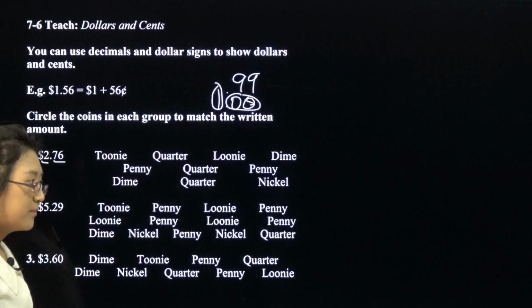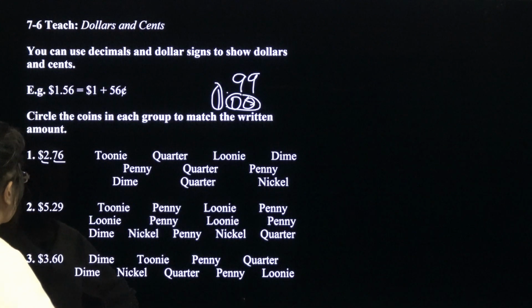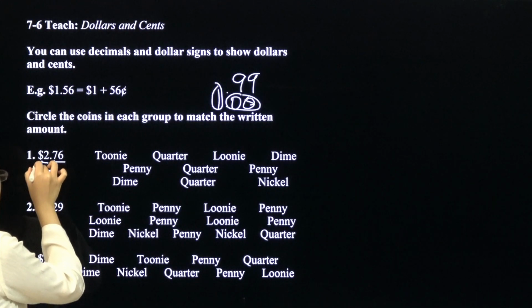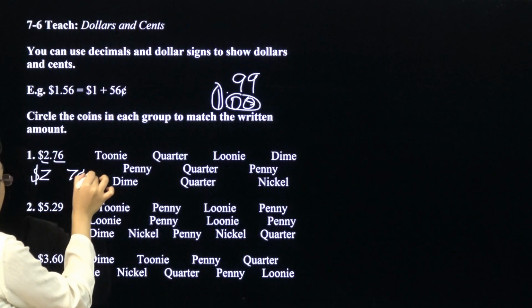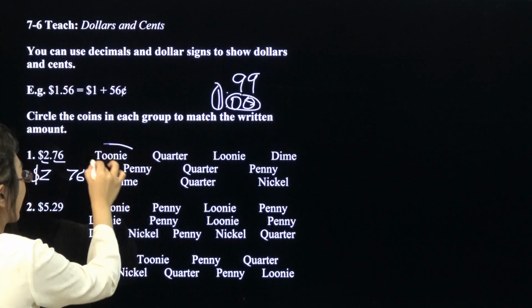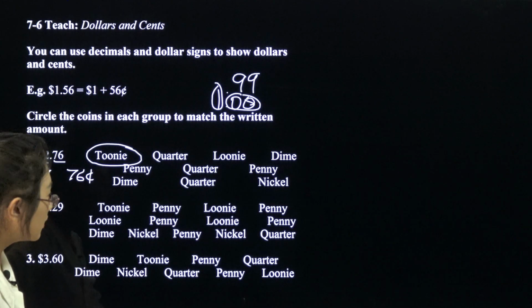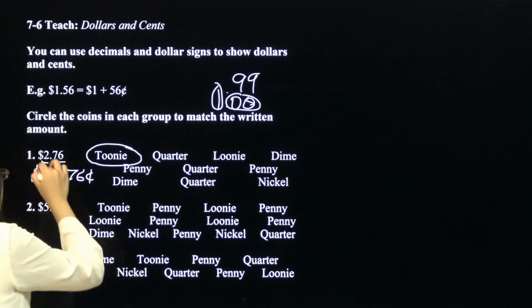And in this case, the whole number is $2. So we have $2.76. How will we get the $2 first? Well, we have a toonie right here. A toonie is $2. Okay, so that's the $2 down.